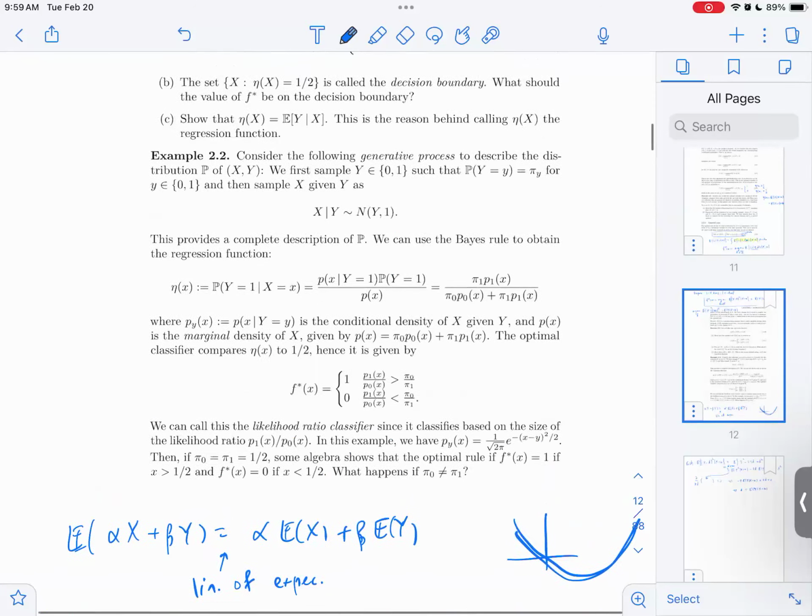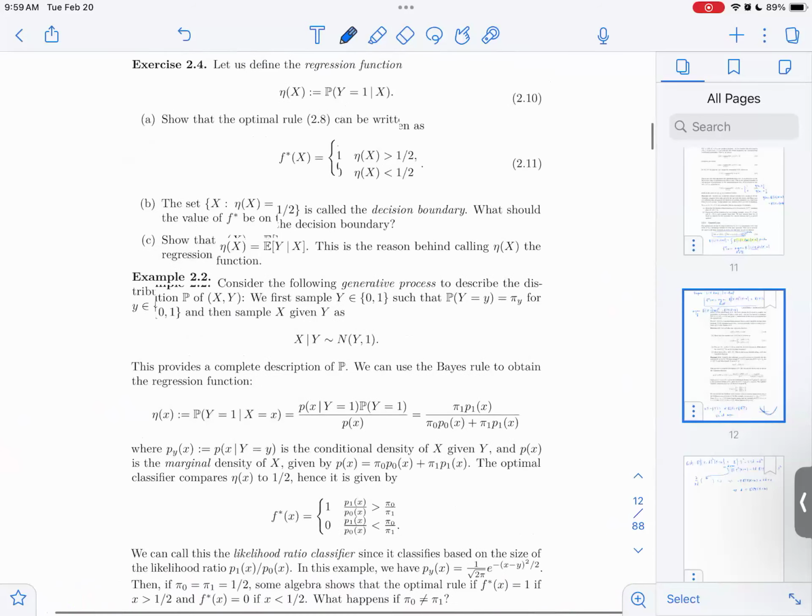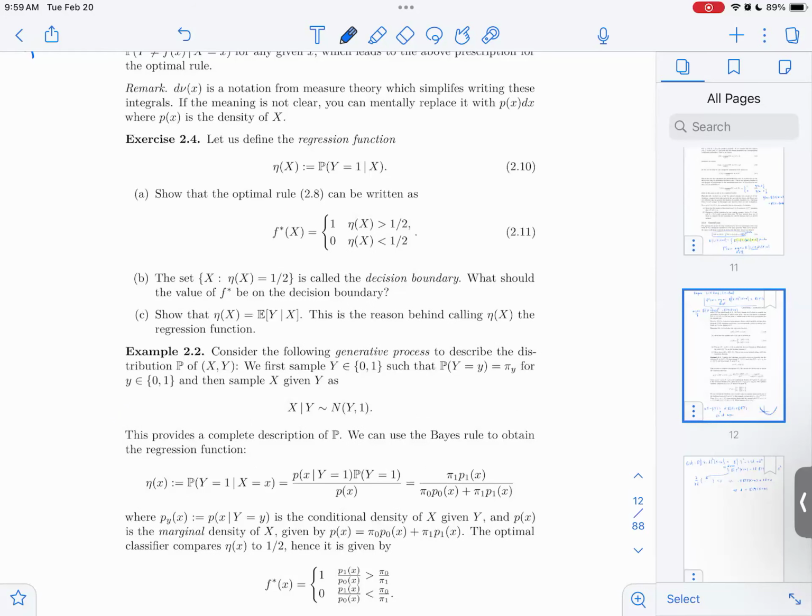Maybe before mentioning that, there are a couple of exercises here that go through models that have a particular conditional model of X given Y, or Y given X. For example, this exercise is giving you implicitly the joint distribution of Y and X. Once I specify the marginal distribution of Y and the conditional of X given Y, I've given you the joint distribution, so you can calculate this optimal rule.